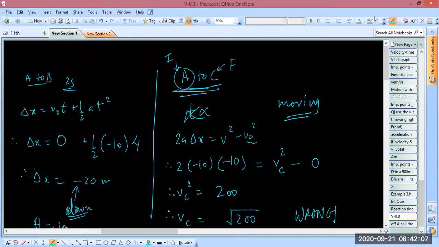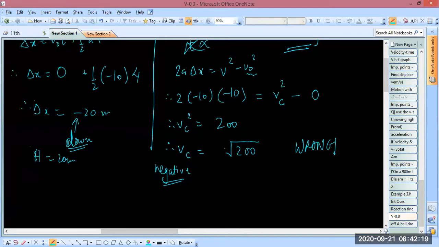Physics loves irrational numbers. Yes, it's downwards, so it's moving negative. Maths tells you that you have two possibilities, but physics tells us that this is correct and this is wrong. I hope you have understood that.